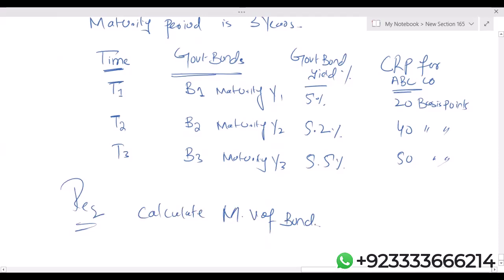Okay. Now, how do we calculate market value of bond now? It's very important. Most of the time, you will have only the information of the government bond which matches your company's bond maturity period. But here the scenario is different. Here the examiner says there are 3 bonds of the government, 1, 2, 3. All are having a different maturity period, different government yield, and plus the examiner has given you the information of credit risk premium also according to the time period, 20 basis points, 40 and 50.